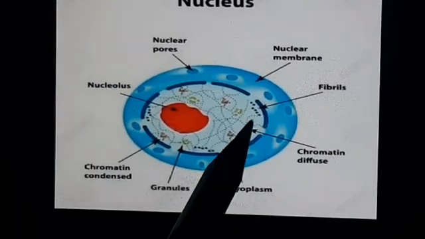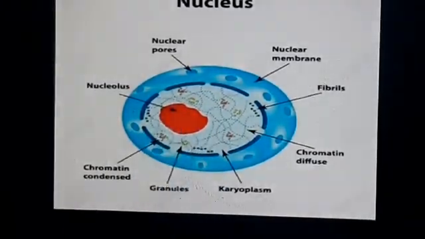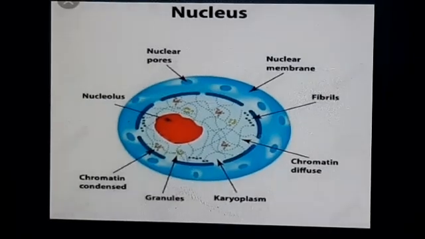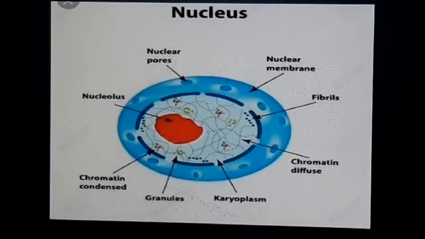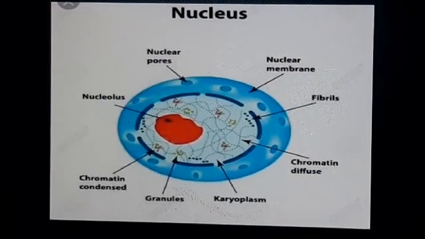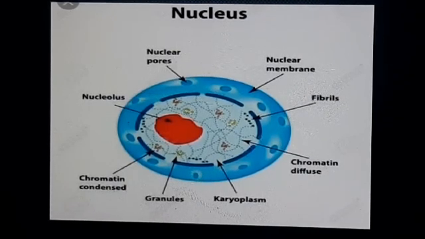Then the last part is the chromosomes. Chromosomes means these thread-like structures. When the cells divide, all the chromosomes together are known as chromatin material. So chromatin material condenses and forms chromosomes. Chromosomes are made up of genetic material called deoxyribonucleic acid or DNA, and proteins.